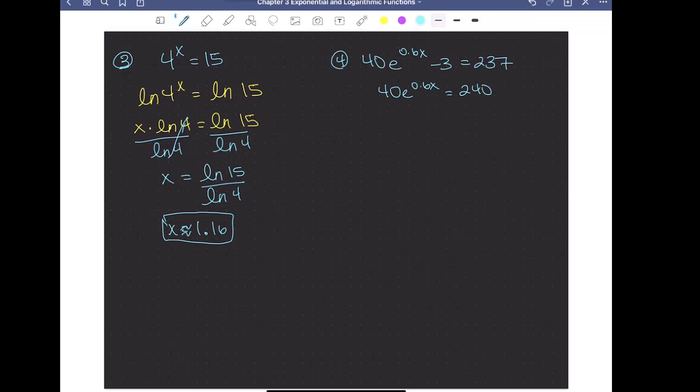And then I have e raised to the 0.6x, and I still got that 40 out front, so I'm going to try and get rid of that 40. And we're going to get rid of the 40 by dividing both sides by 40. And then now I'm down to e to the 0.6x equals 6. Right?